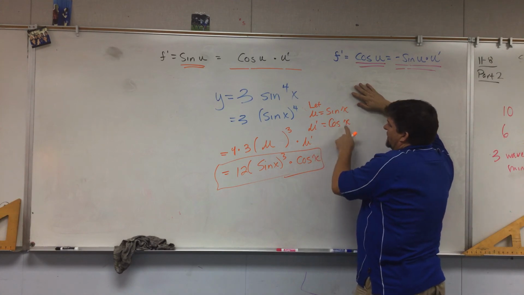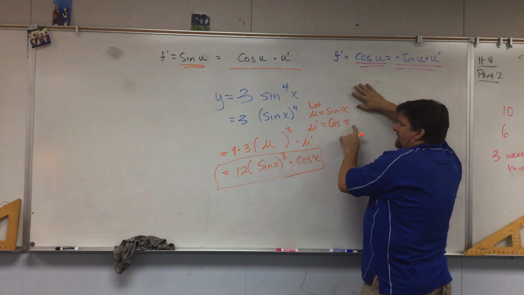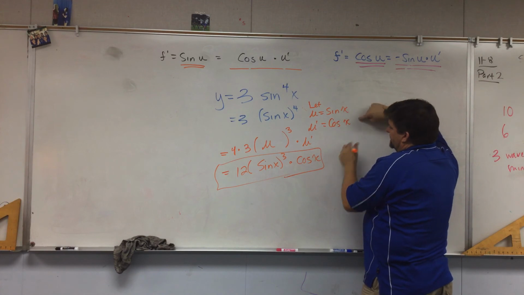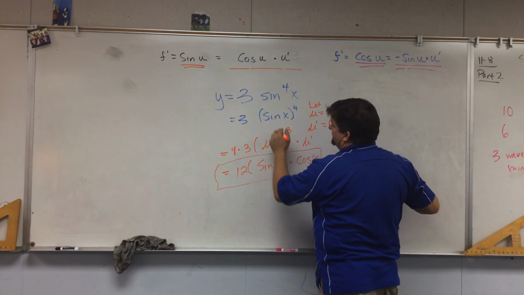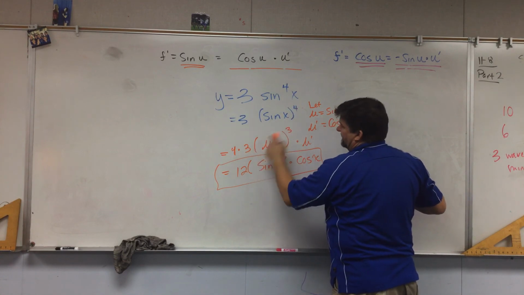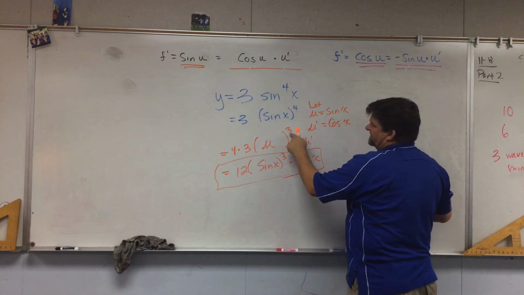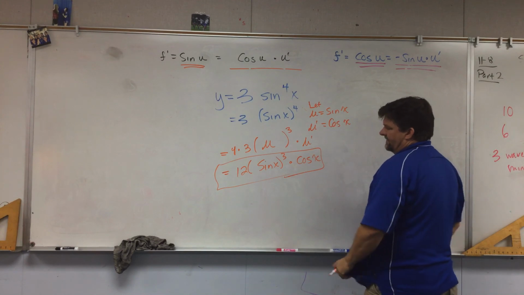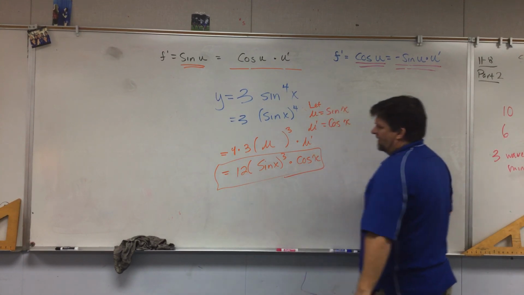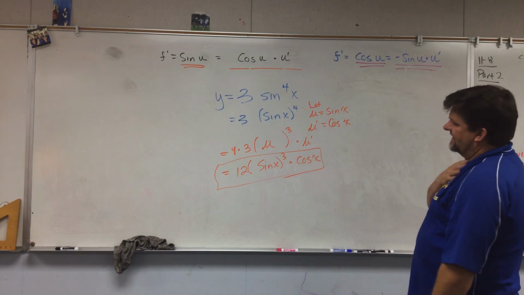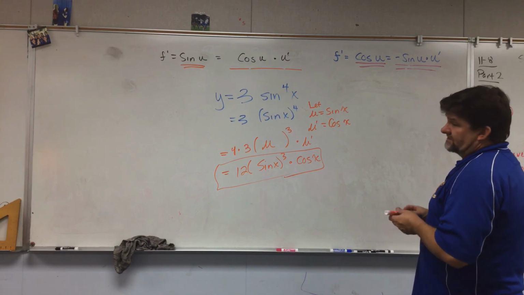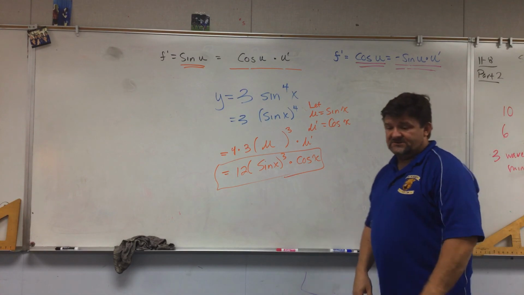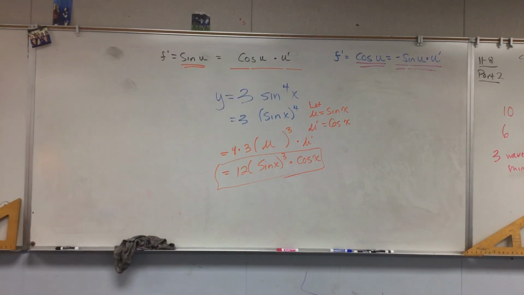Since there was no number or exponent on this x value, it's really times 1, so we just left it like this. This 4 came from moving the 4 down. This 3, we subtracted the 1 off. And then we've got our equation that looks like 12 times the sine of x cubed times cosine of x. So that is how you work with sine and cosine trig functions and derivatives, guys.